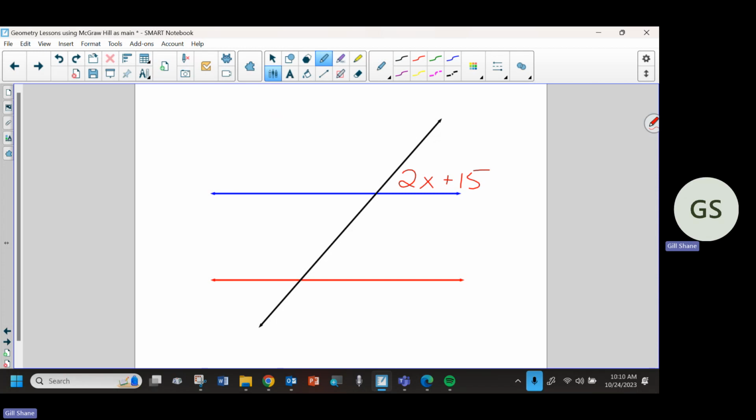And then I'm going to make this 5y minus 10. I don't know, I may have to fix that number, but it should work. And then let's make this 10x.